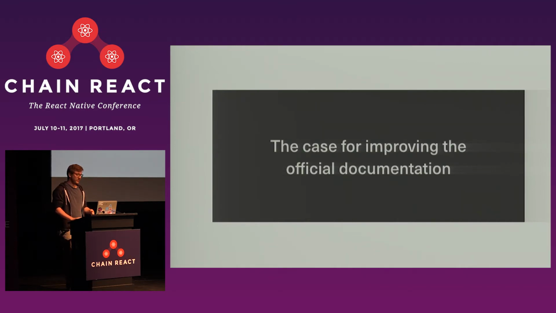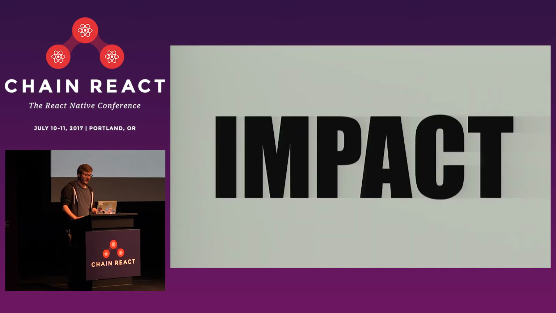I think there's also a pretty strong case for why you should improve the official documentation. One of them is impact. So you just have way more reach and impact through the documentation than you would through your blog. Another one is that people keep it up to date kind of for you.